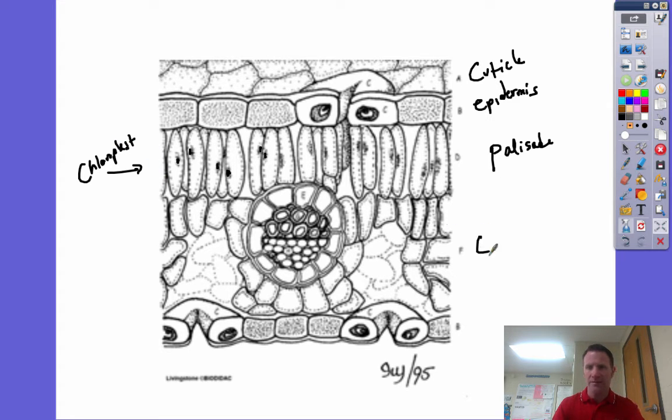This next layer is called the spongy layer, and that's really significant because this open area here is all for storage. So it's going to store water, it's going to store gas like CO2 and H2O. It's going to store sugar even until it's used. Once that sugar and water is needed or used, it's going to go into this vein here.